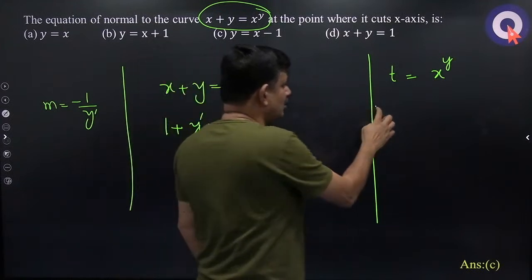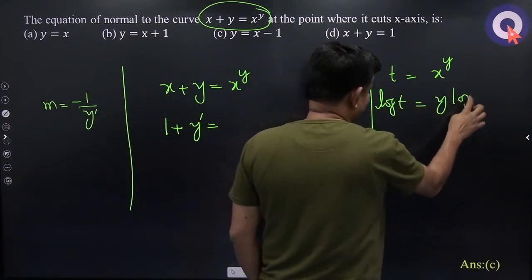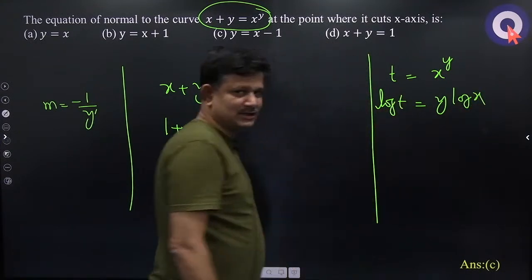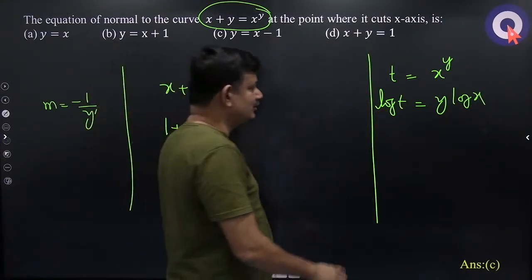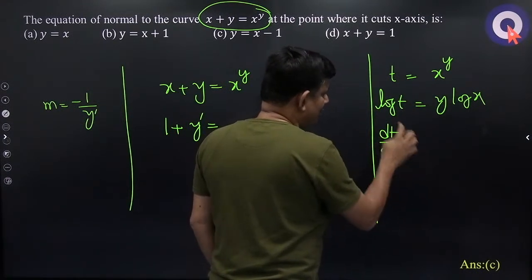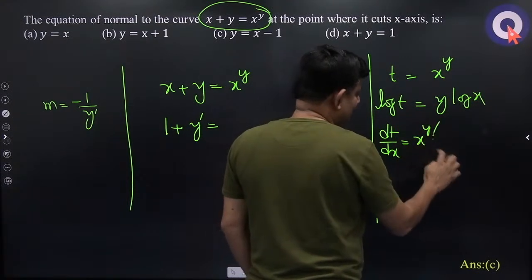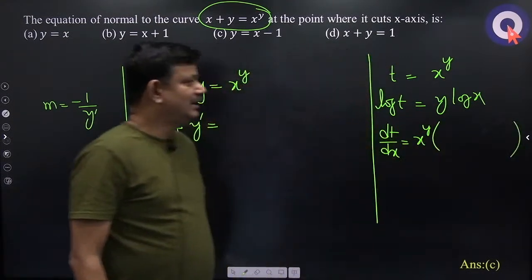Now what will be log t? Differentiating on both sides, the log t derivative is 1 by t. What is the derivative of y log x?